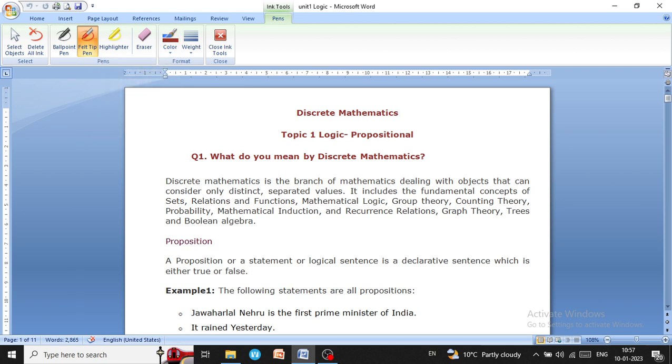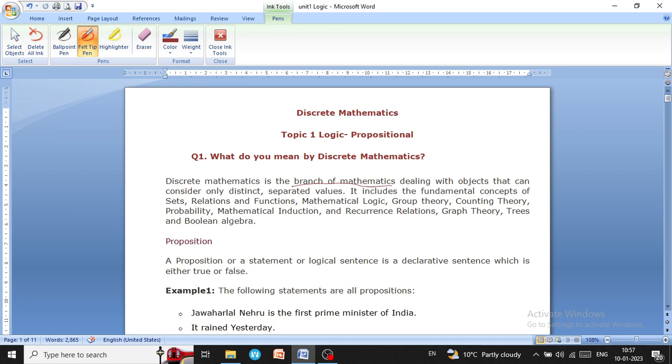Discrete mathematics is a branch of mathematics which deals with objects that can consider only distinct, separated values.